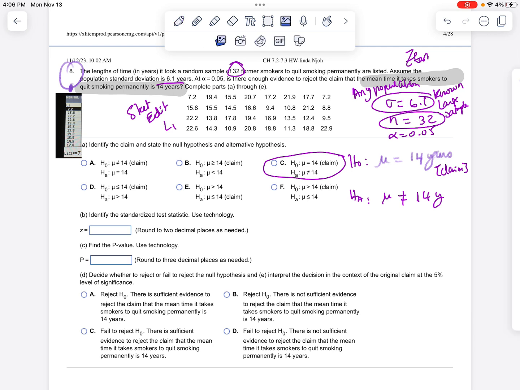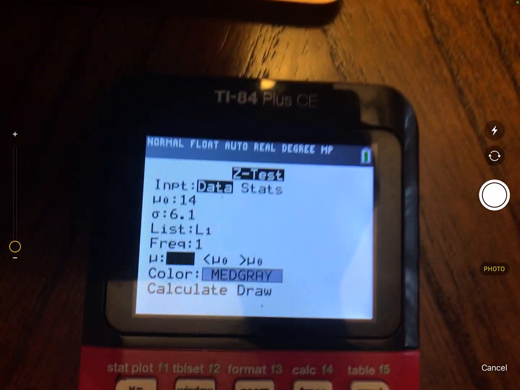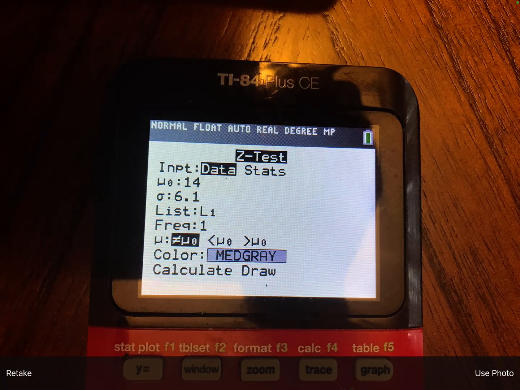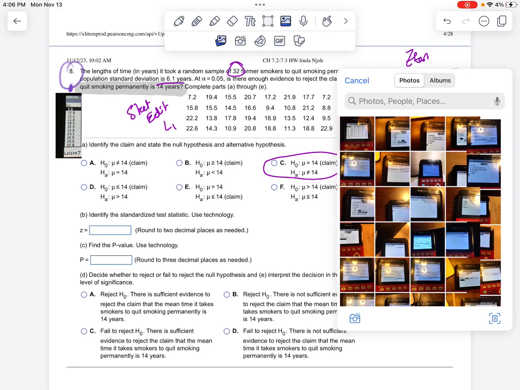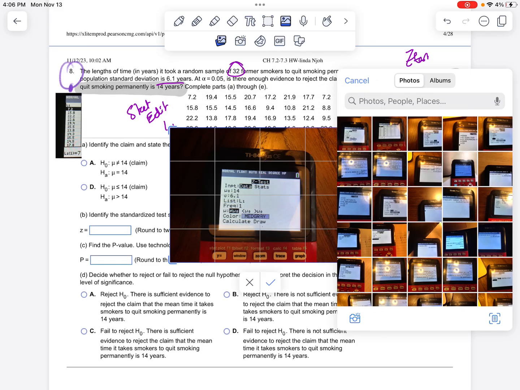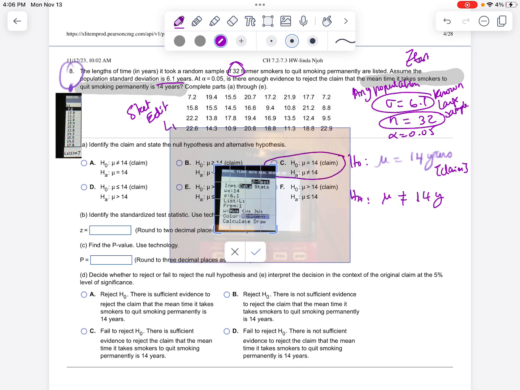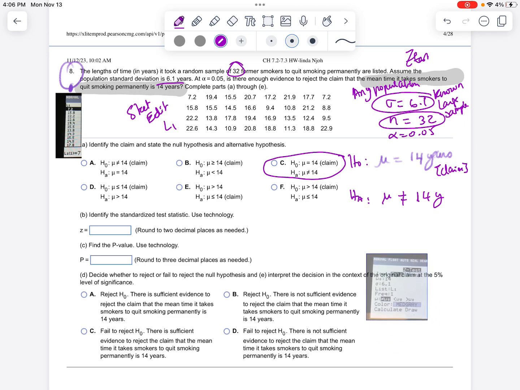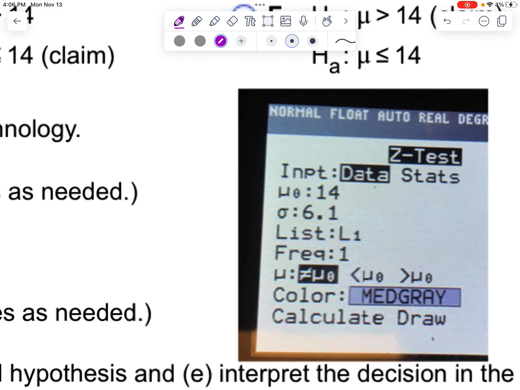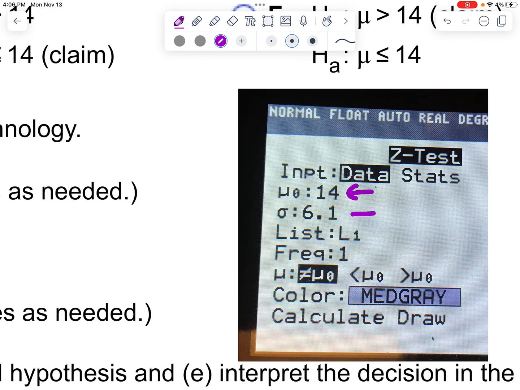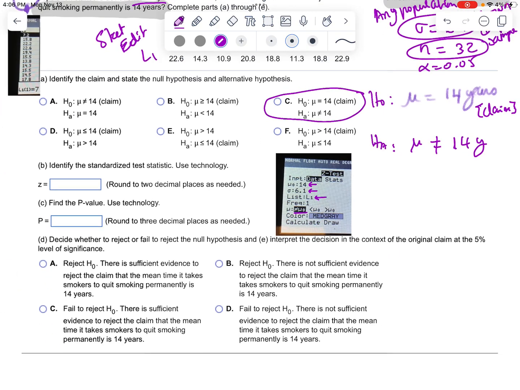So here we go. Here goes the setting. And everybody should know why that is the setting. Simply because there goes your mu 0, there goes your sigma that you know, there goes your data, and there goes your two-tail test.